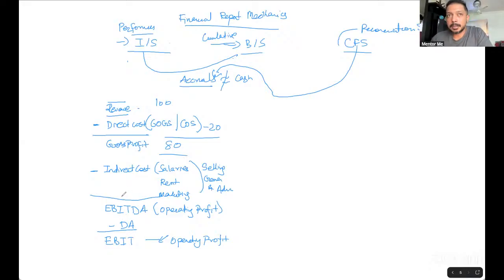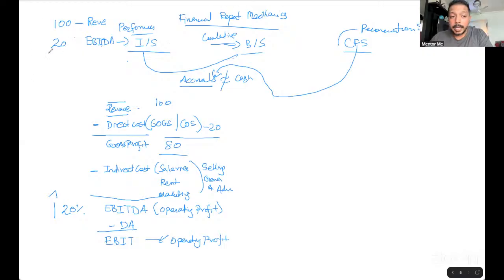Now, as a ballpark number, remember that good businesses will have upwards of 20% EBITDA margin. Upwards of 20. That means for every 100 rupees in revenue, at the operating profit level, we should have 20.